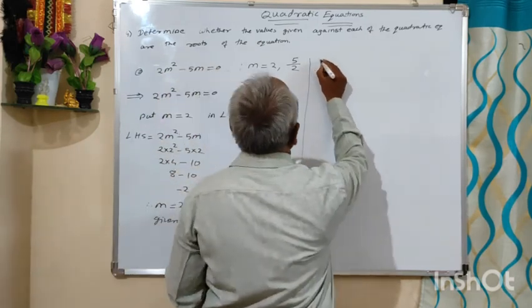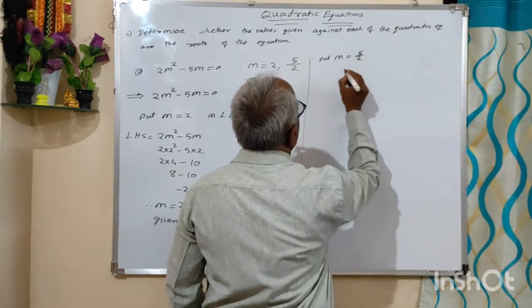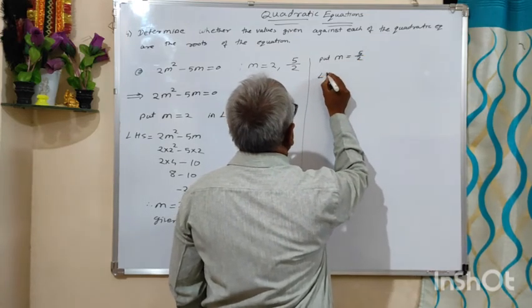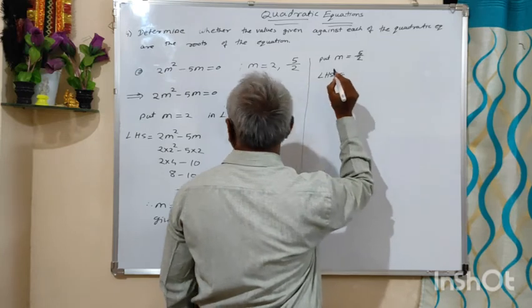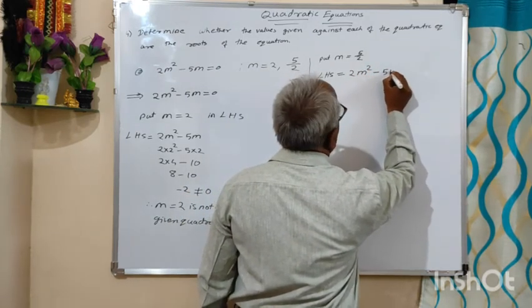Now put m is equal to 5 upon 2. The LHS is equal to 2m square minus 5m.